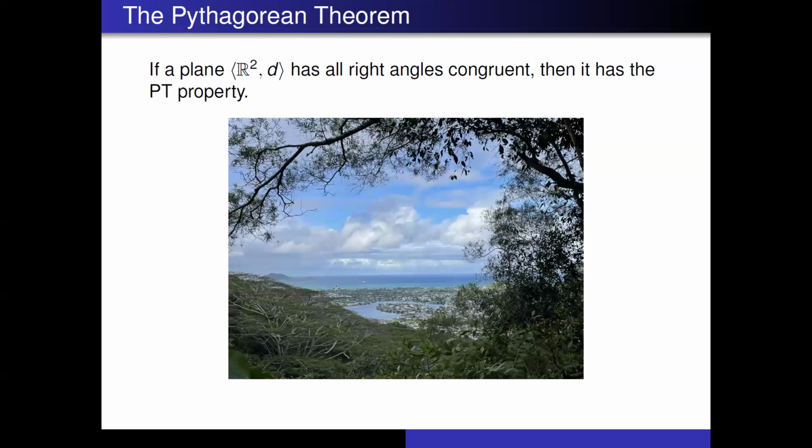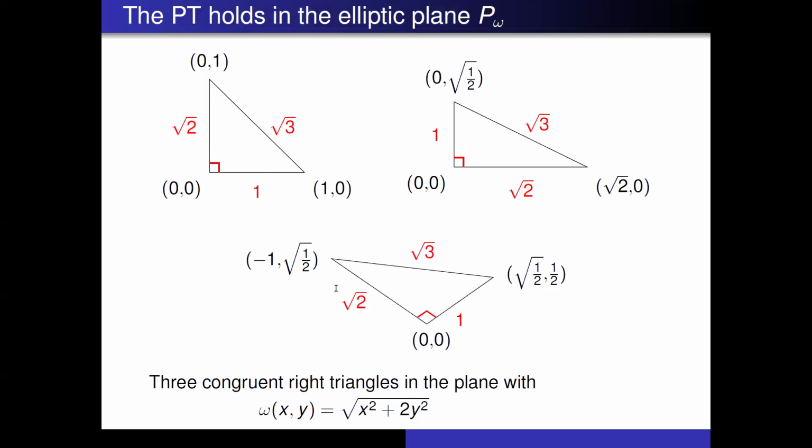So in an elliptic plane, it looks like you expect. A squared plus b squared is c squared because we said the Pythagorean theorem holds. What doesn't hold is that 90 degrees is the same thing as a right angle.